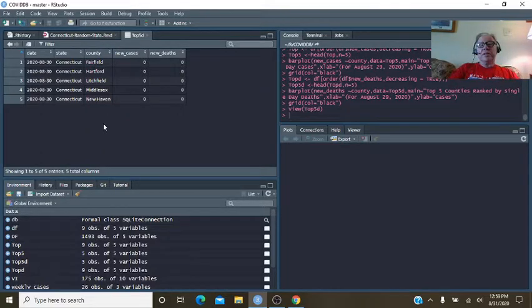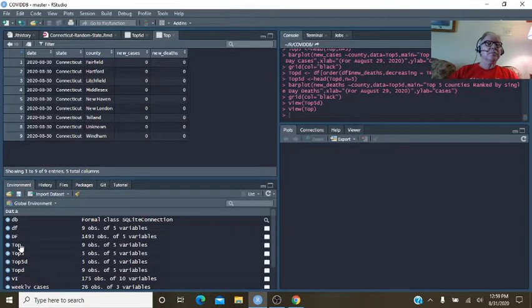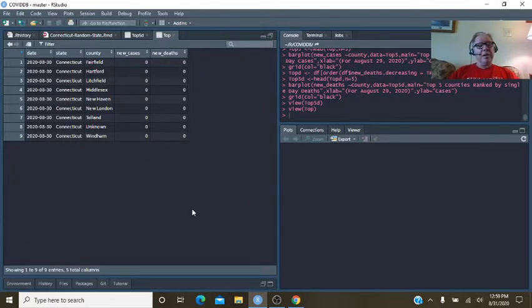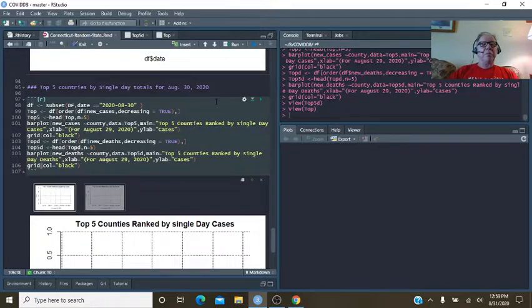So for August 30th, these counties recorded no cases and no deaths for August 30th, which is really good. Okay, outstanding.